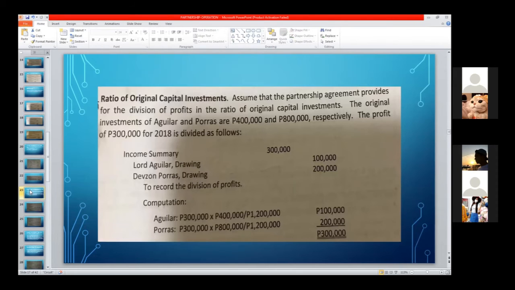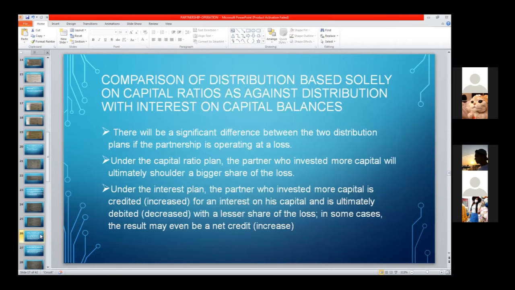So sa capital ratio plan, the partner who invested more capital will ultimately shoulder a bigger share of the loss. Kasi magiging malaki din yung hatian ng loss. Parang naging 60% ng loss napunta sa'yo kasi 60% din ng ininvest mo.